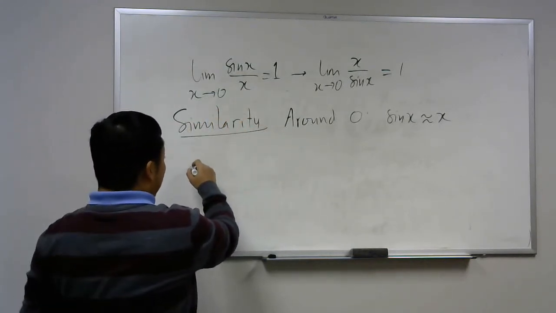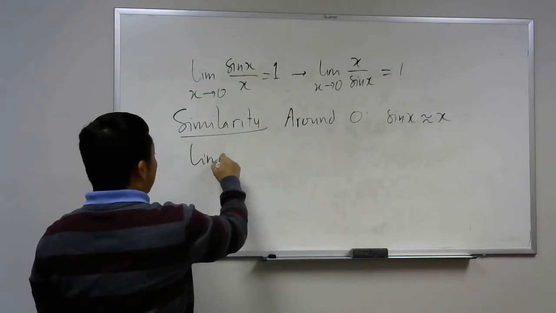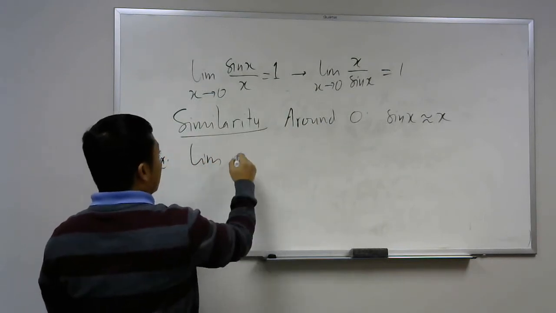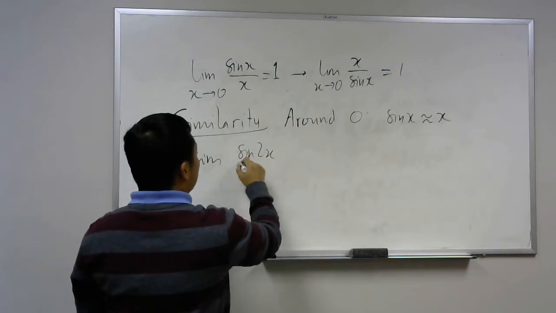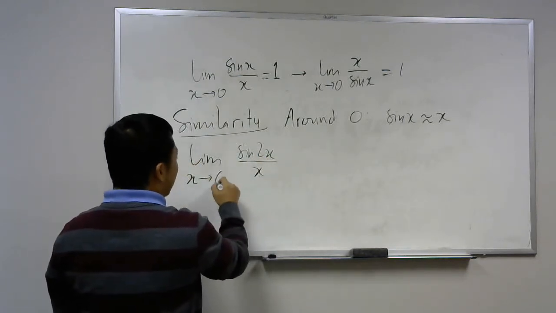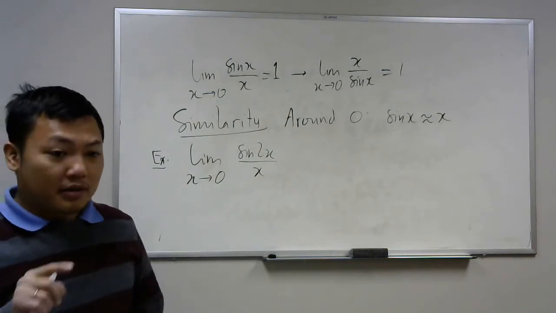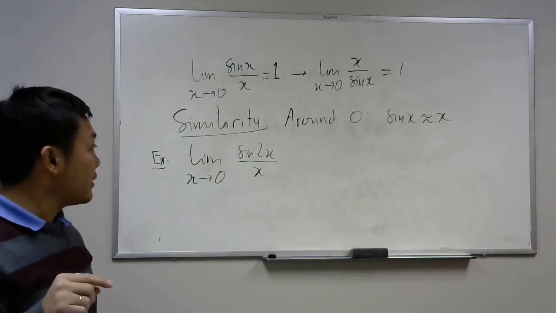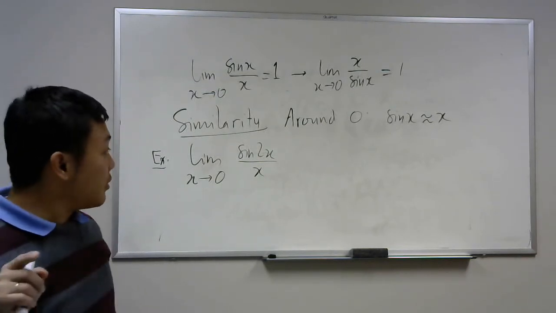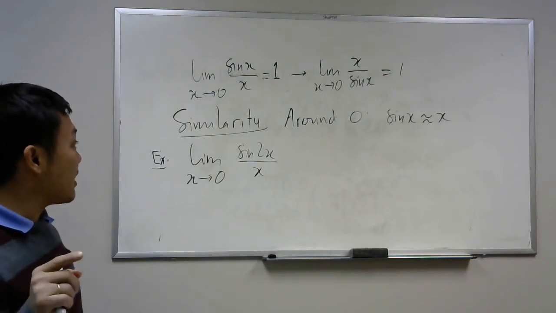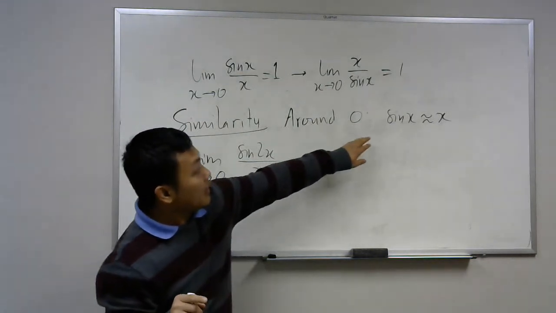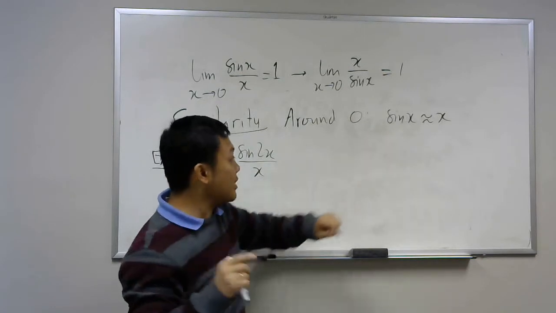Let's say you consider the limit of sine of 2x over x, right? It's pretty easy. When x goes to 0, sine of 2x is also going to 0. So that means you can use this similarity for sine of 2x.